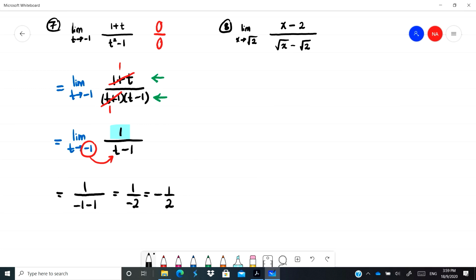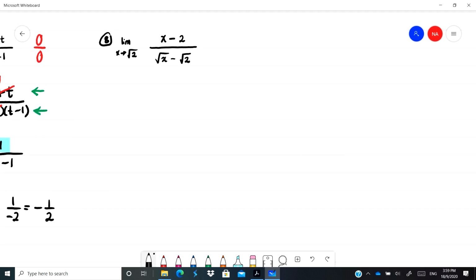All right, let's move to number 8, where you have a limit as x approaching square root 2 of this term. Sorry, I made a mistake here; this is x, right?